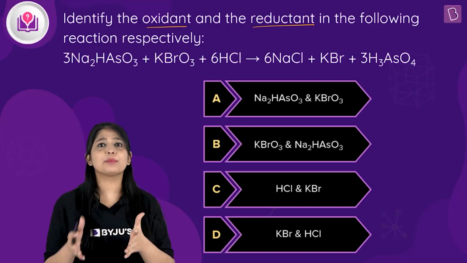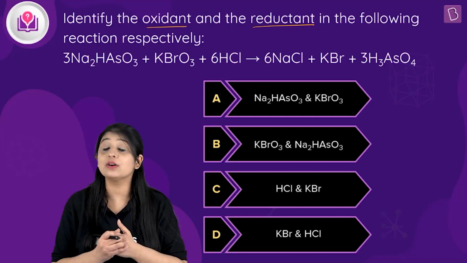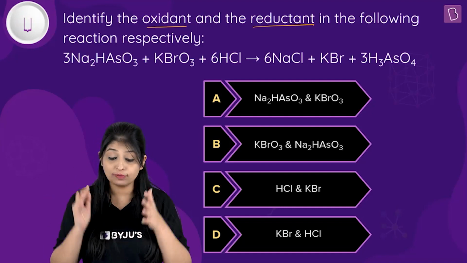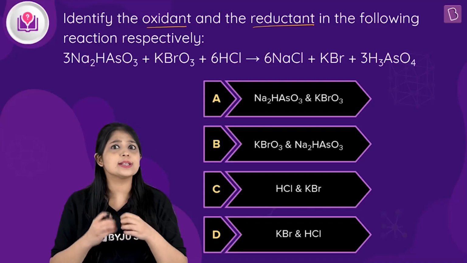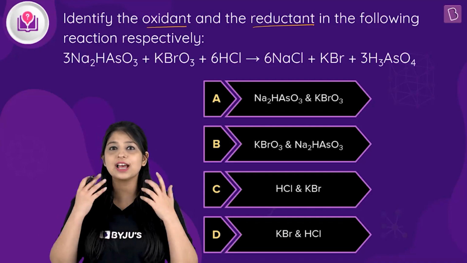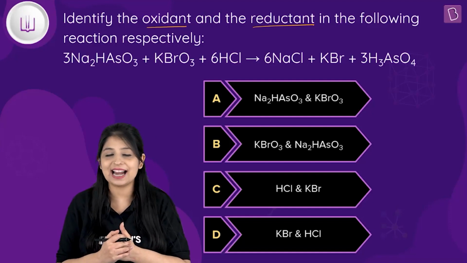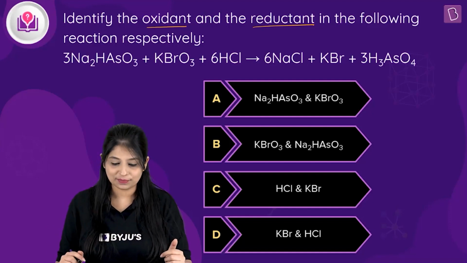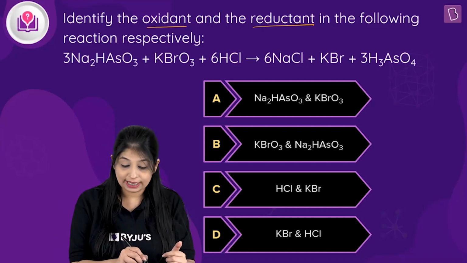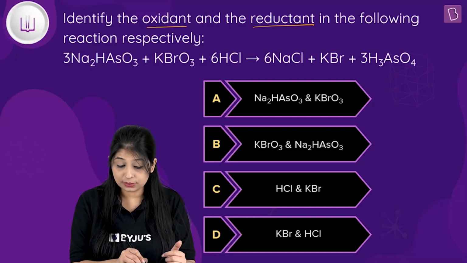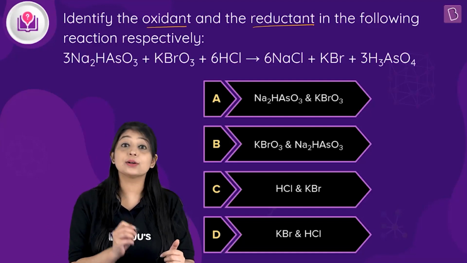So what's the approach to this question? Well, you'll need to find out the oxidation states of the elements, to check which one is getting oxidized and which one is getting reduced, and through that we'll know our oxidant and reductant for this reaction. Let me write this reaction once.